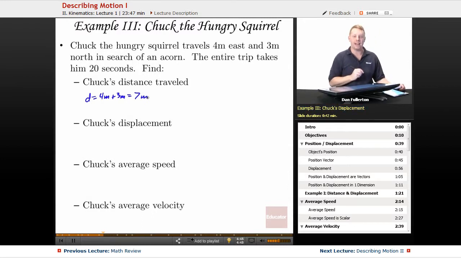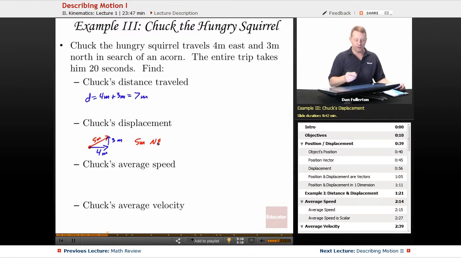Chuck's displacement, however, is a little trickier. Chuck traveled 4 meters east, then 3 meters north. Displacement is the straight line distance from where you start to where you finish. So that's a 3, 4, 5 triangle. That must be 5 meters. So Chuck's displacement is 5 meters northeast.